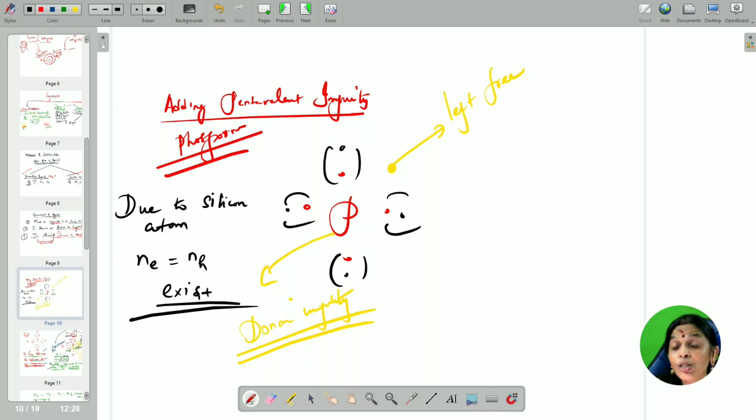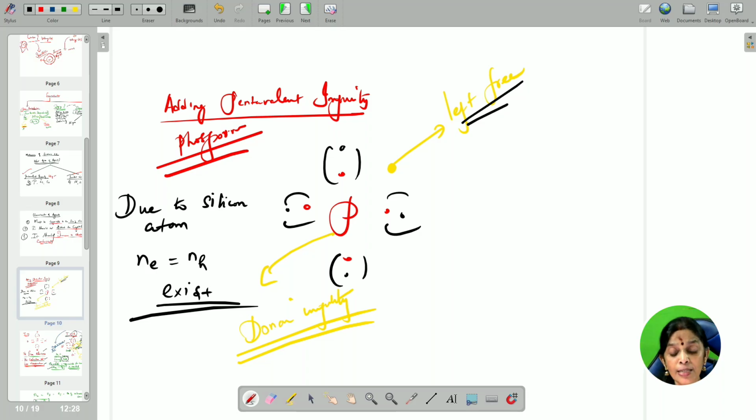But on addition of impurities, this number of electrons and holes present in silicon is not the only thing, because you are adding impurity that will give you some more electrons. So left free, 1 phosphorus atom produces 1 free electron.